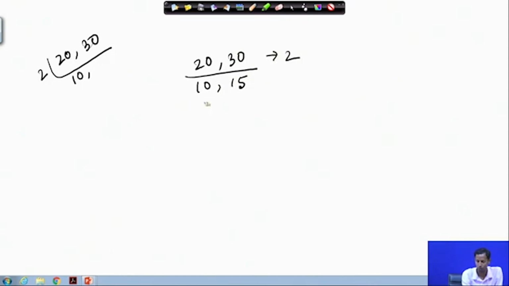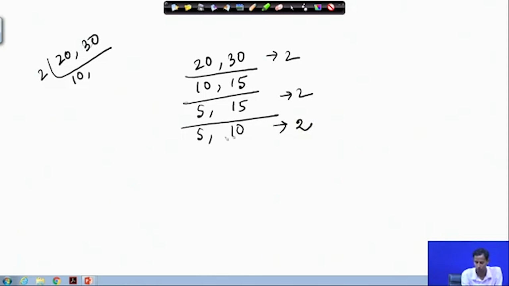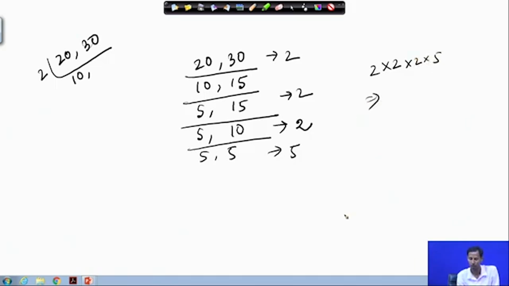I am dividing by 2, so then this is 5 and 15. Again dividing by 2, then this is 5 and 10, then 2 divided by 2 gives 5 and 5. So from here I get 5, that means 2 into 2 into 2 into 5, which is 5 into 8, that is 40.